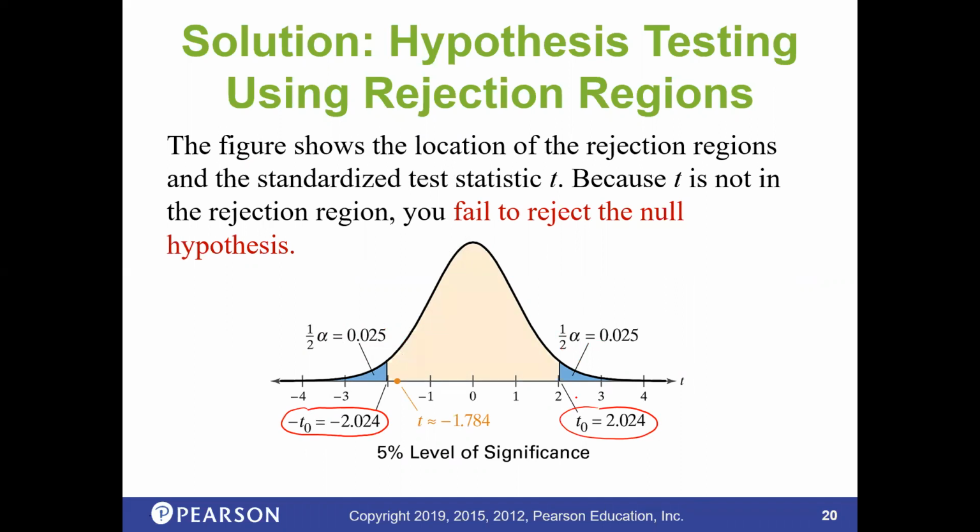Therefore, we failed to reject the null hypothesis. And so we say there's not enough evidence at the 5% level to reject the claim.